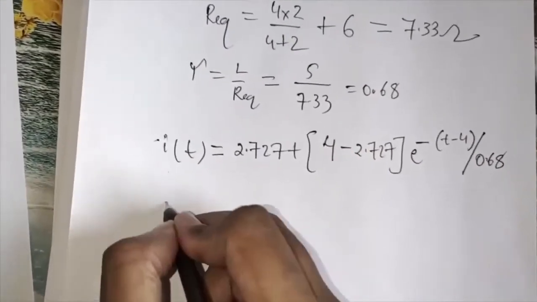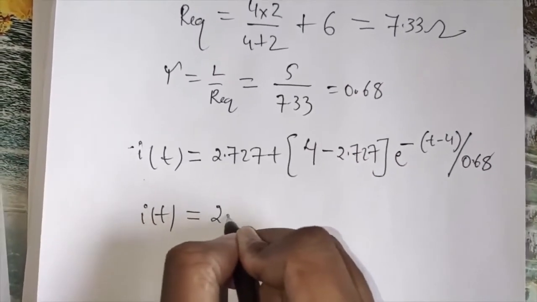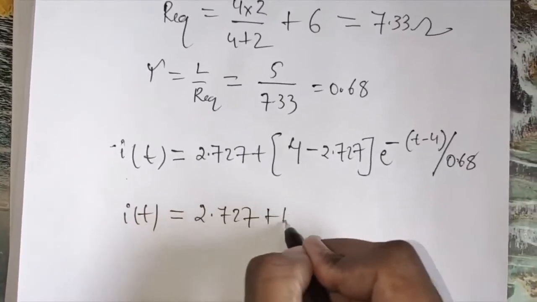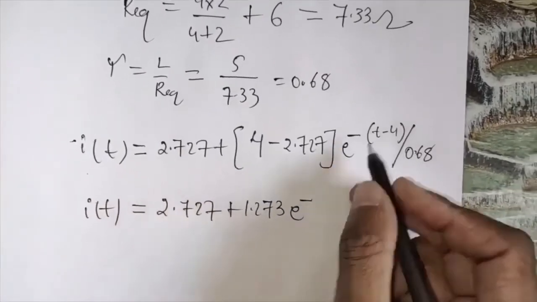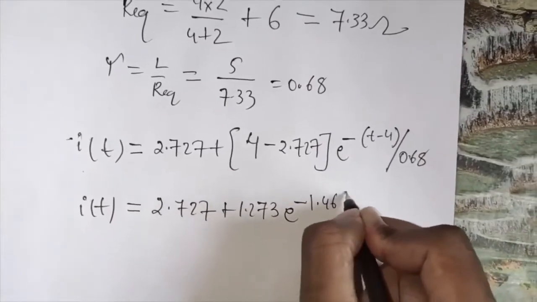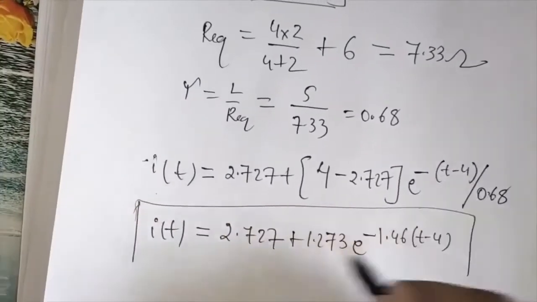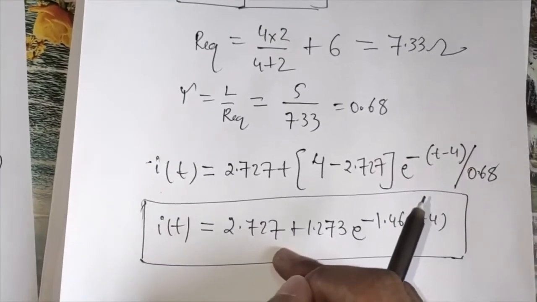So therefore, on simplification, I of t is equal to 2.727 plus 1.273 into e power minus, so 1 by 0.68 will give me 1.46, into t minus 4. So this is the expression for current flowing through the inductor when t is greater than 4 seconds.